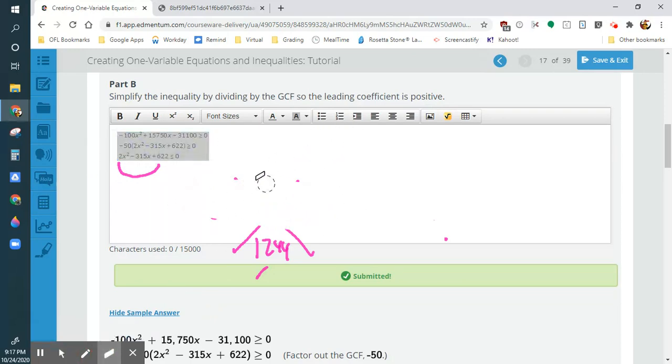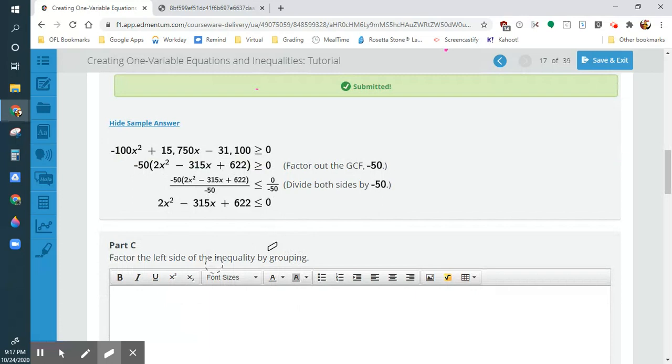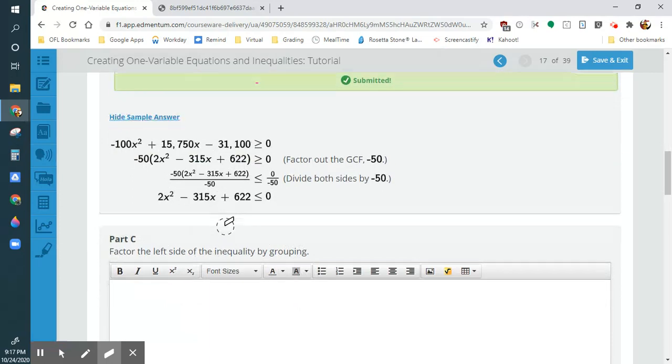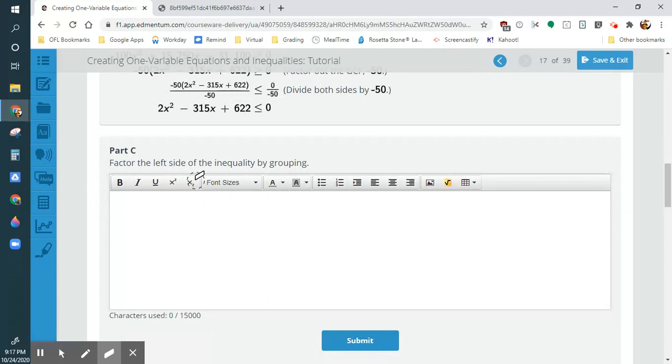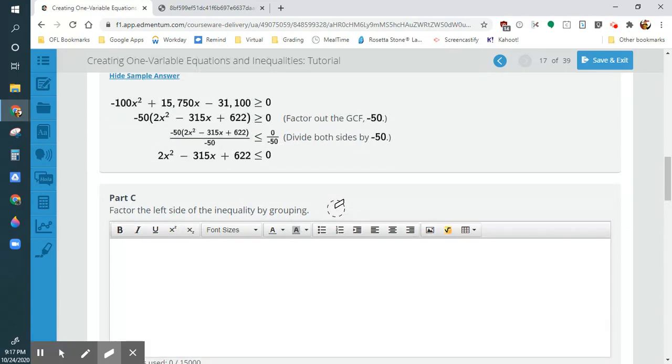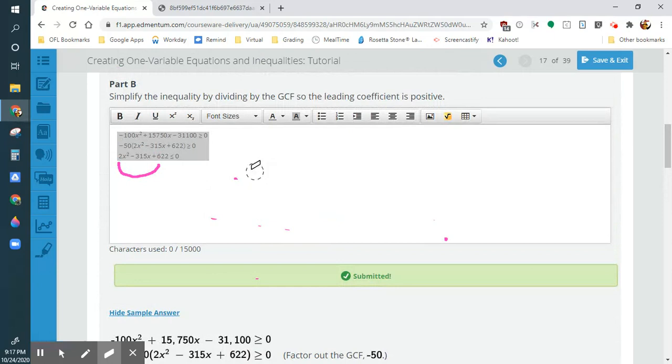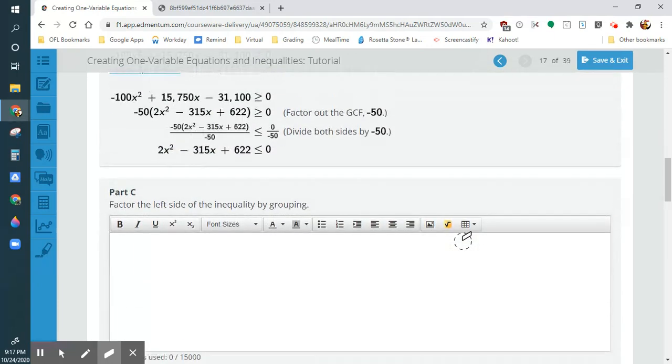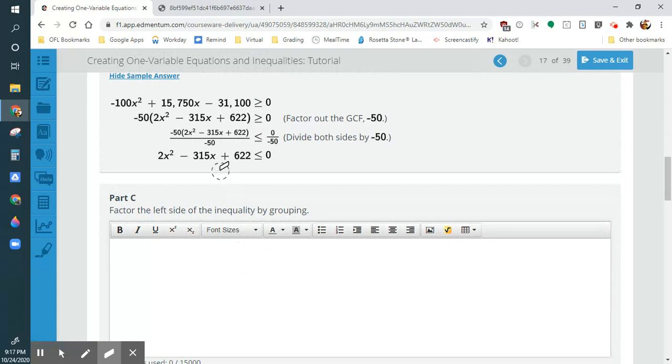All right, leading coefficient. So I'm pretty sure, I know I did that right because the answer is right here. So you want to factor this by grouping. Factor the left side by grouping. And then you have an even number on one side.